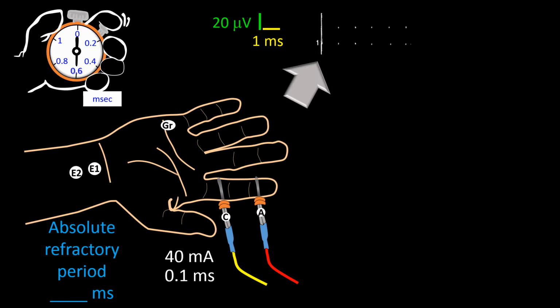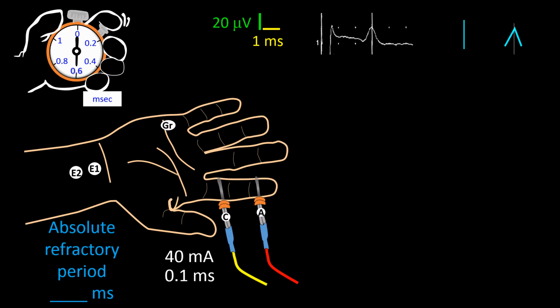Now the first trial starts with a stimulus, which I have replicated as a vertical aqua line for better vision. A traveling wave will therefore be recorded, which I have also replicated as an aqua wave.